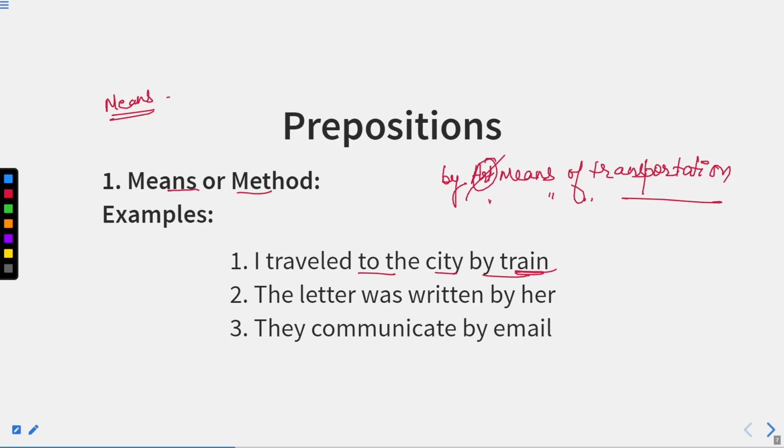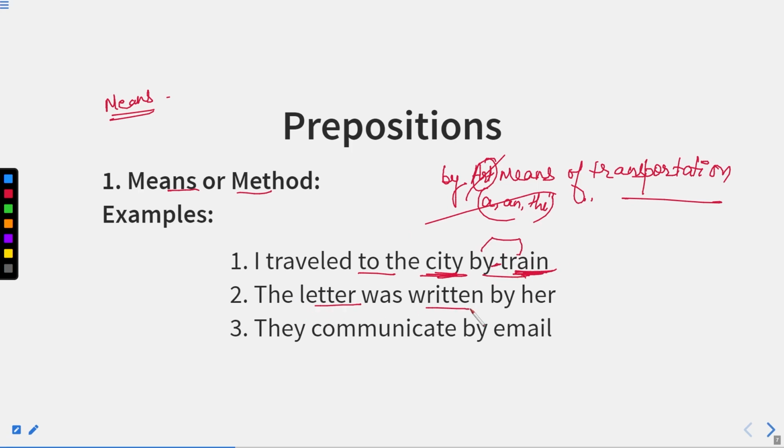Article means a and the. We do not use such words because by is generally used to relate that particular thing with a person. So I travel to the city by what? By train. Between these two, we are not using any other word.